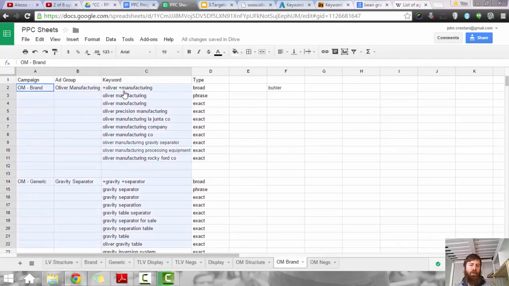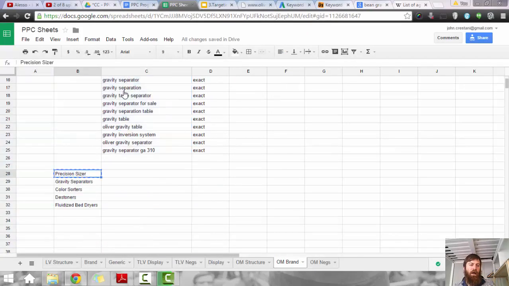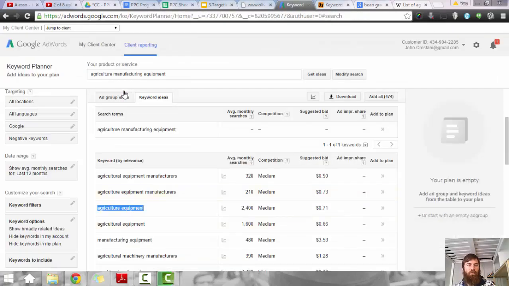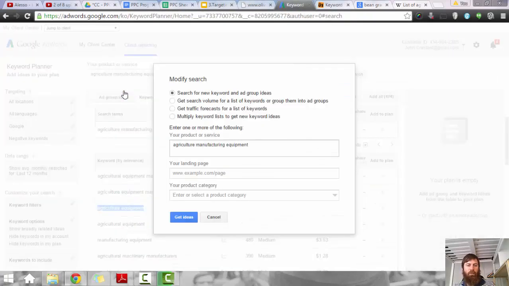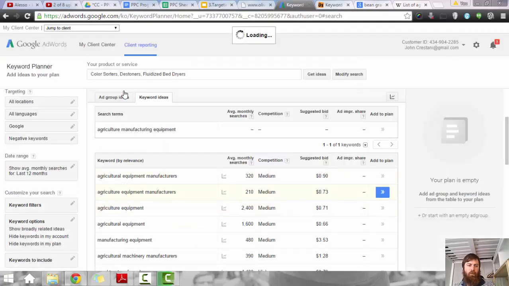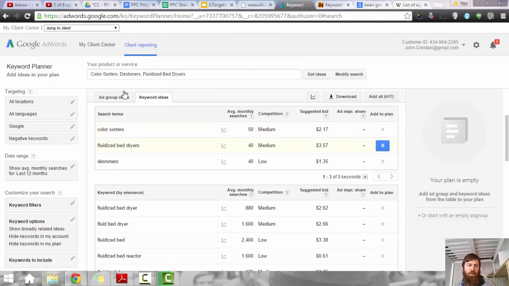These are going to be the two main campaigns I would search for. Let's try these out actually, real quick, just to see if we can get any more keywords in here. Color sorter, fluidized bed dryer, and destoner.